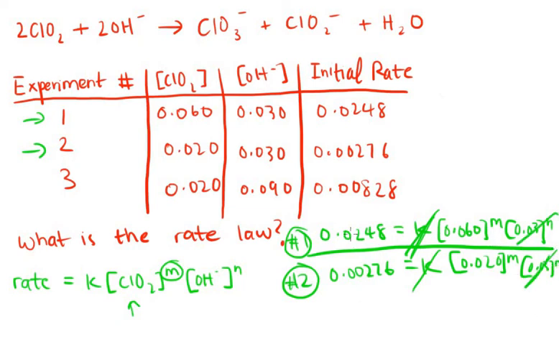So we get 0.0248 divided by 0.00276, which is actually 8.99, so around 9, equals 0.060 to the m divided by 0.020 to the m, which is nothing but 3 to the m. So that's around 9 basically. So we get that m equals 2.